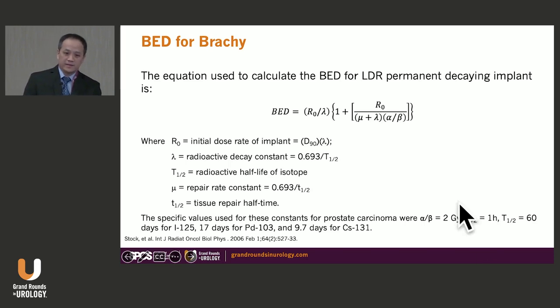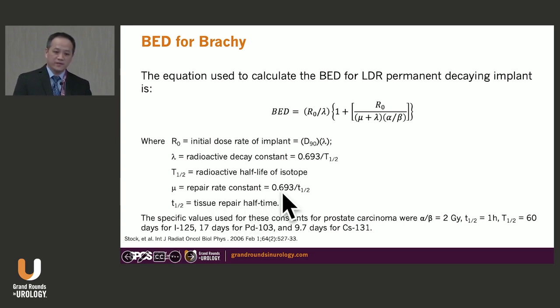To calculate it, we use the BED formula, which was published by Dr. Stock and Dr. Stone back in 2006. I'm sorry to put the formula up in the early morning, but if you look at it, it's actually not that complicated. Some of the terms are constant because we're looking at the prostate only. The prostate repair rate is a constant, and the tissue repair half-life is the same for prostate.